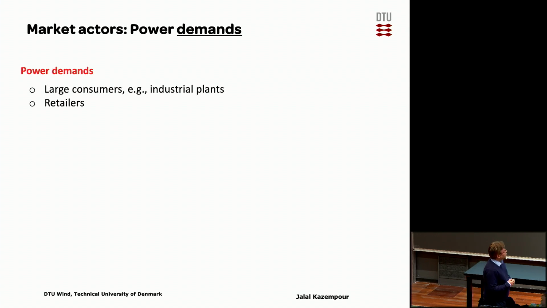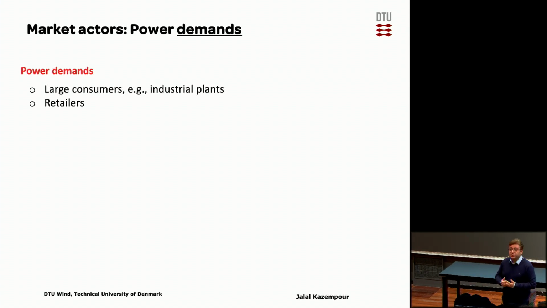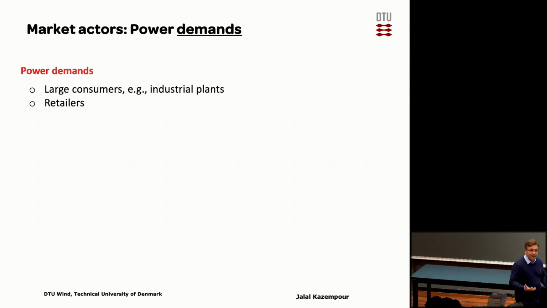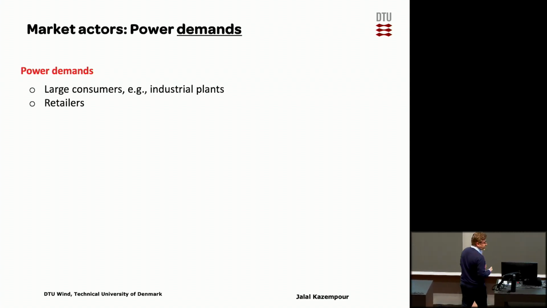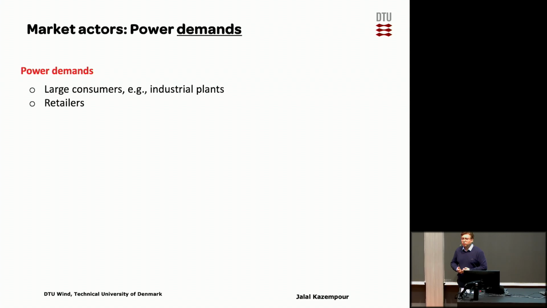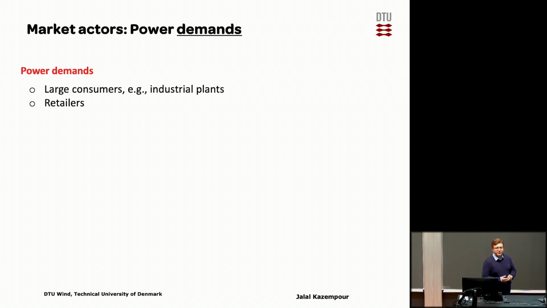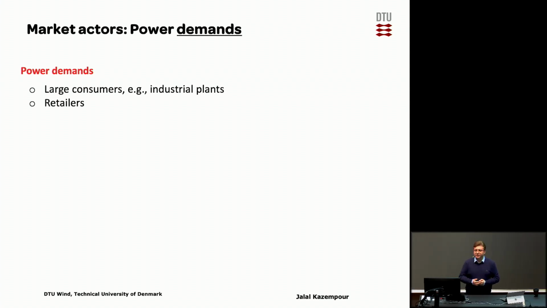Or the other power demands, the common one is retailers. Have you heard of this word before? Power retailers. What does it mean? What's their business model? They resell the electricity. So it means that they buy from somewhere and resell it.